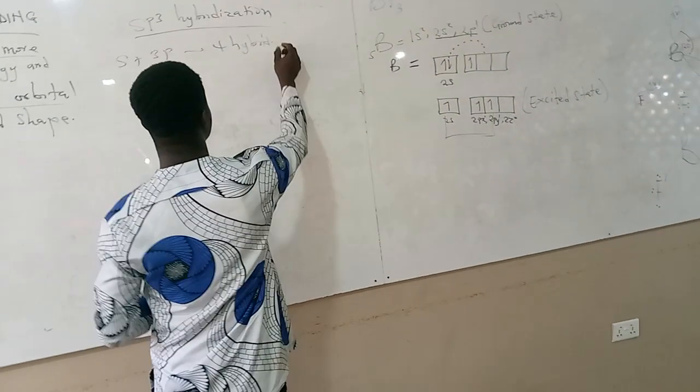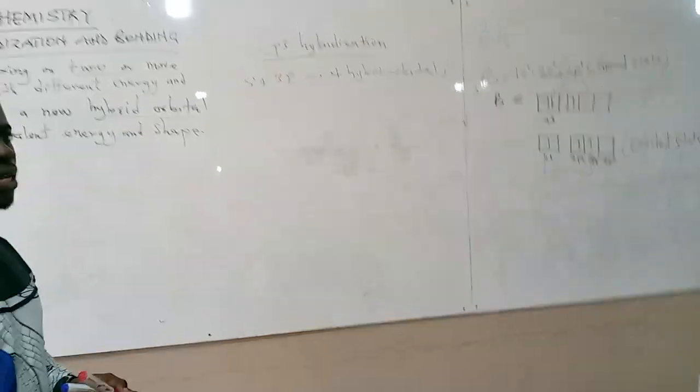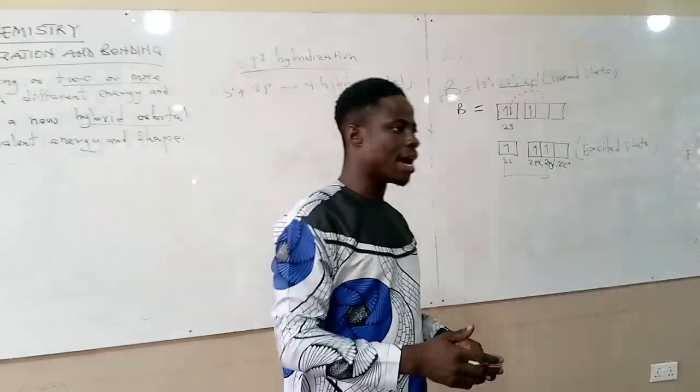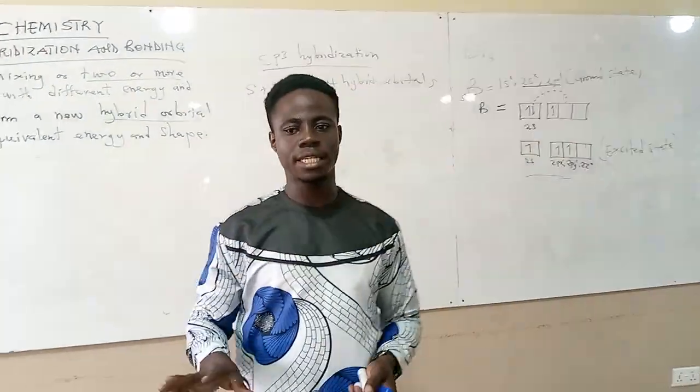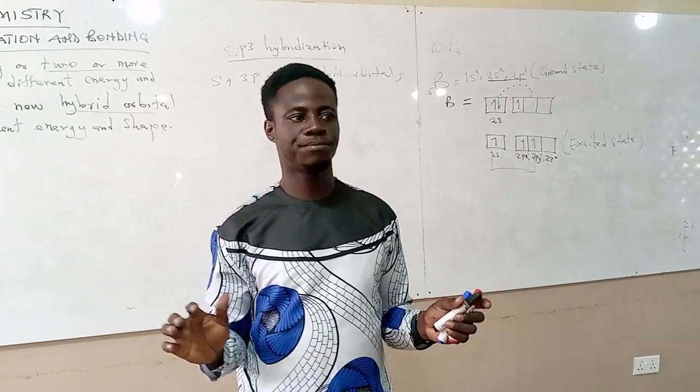So that is one concept. When you are asked to explain sp3 hybridization, it is the mixing of an s orbital with 3 p orbitals to form 4 hybrid orbitals.